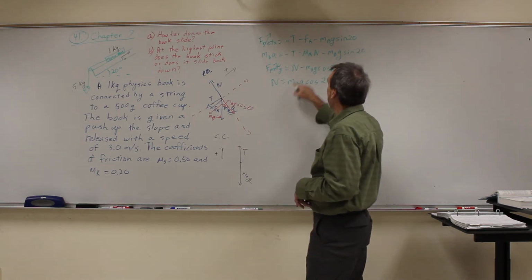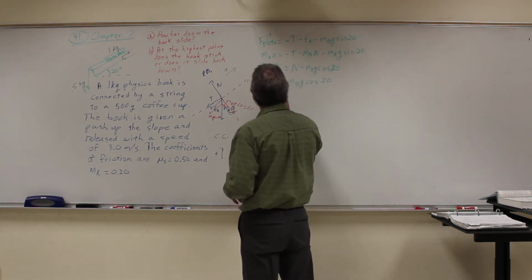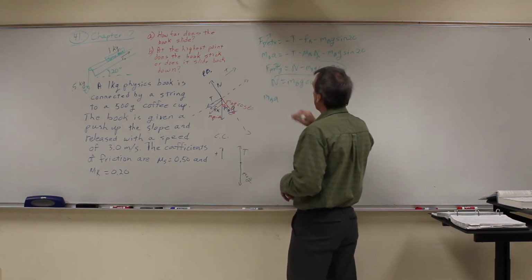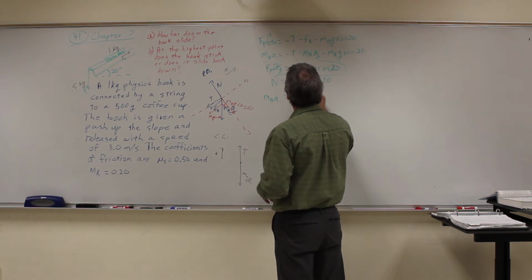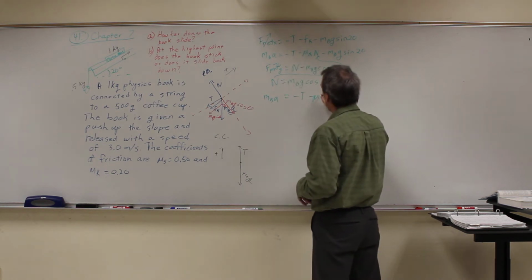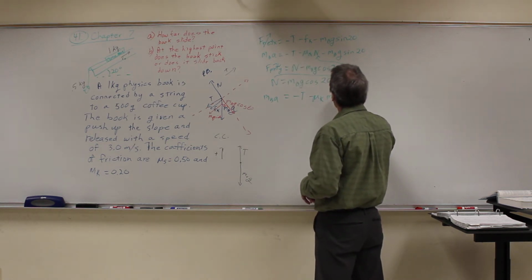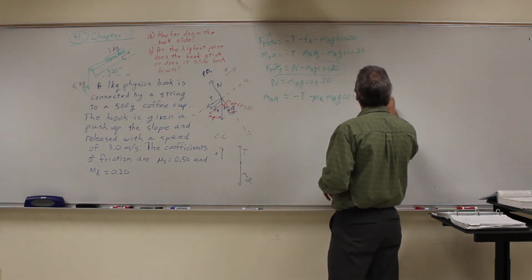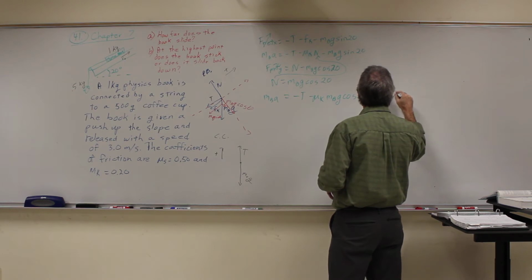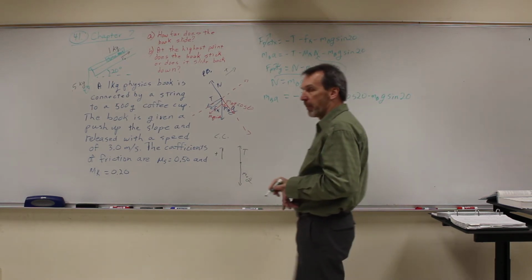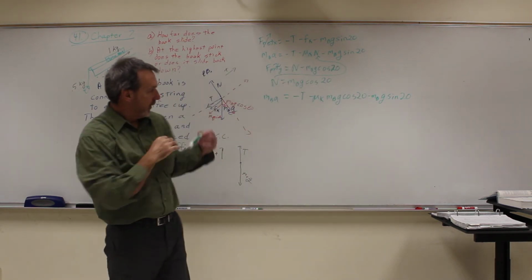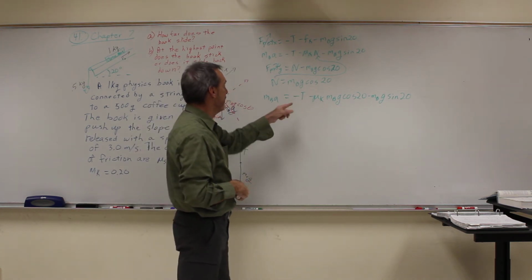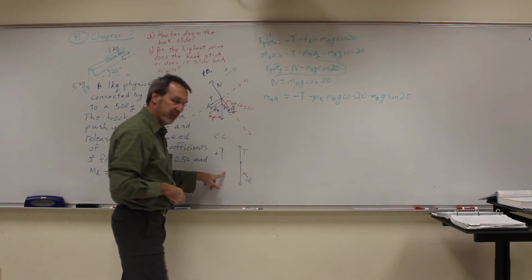Now I can plug that back into here, and I get that m_b a is equal to negative T minus mu sub k times m_b g cosine 20 minus m_b g sine of 20. All right. We can't solve that because we don't know what T is. And so to figure out what T is, we're going to have to go to this one.